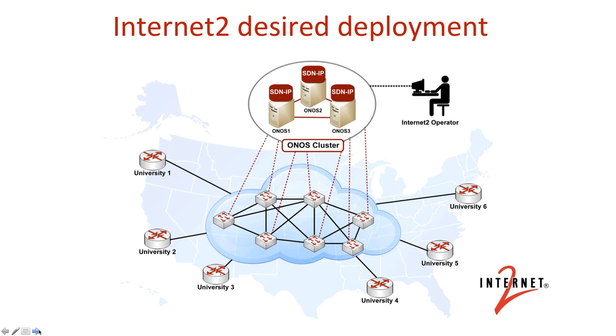So let me resume what we want to do in this use case that is basically driven now by the deployment of ONOS on Internet 2 AL2S networks. The purpose of this deployment is to connect six universities spread around the country together, to give them all-to-all IP connectivity through an SDN network.